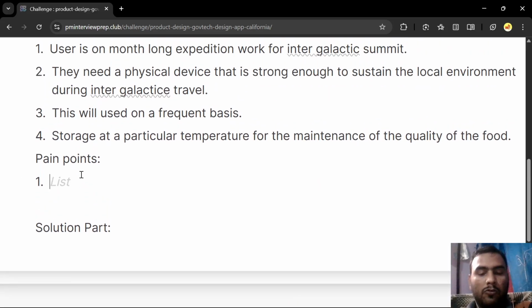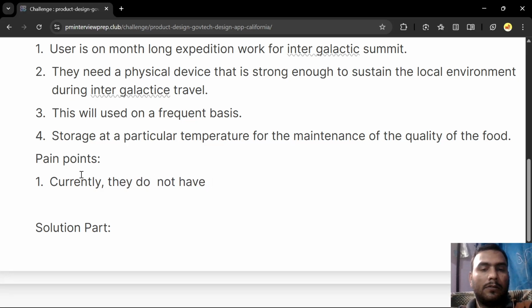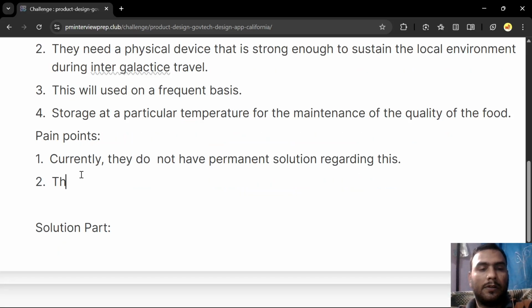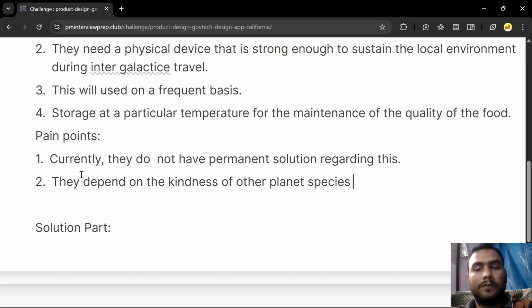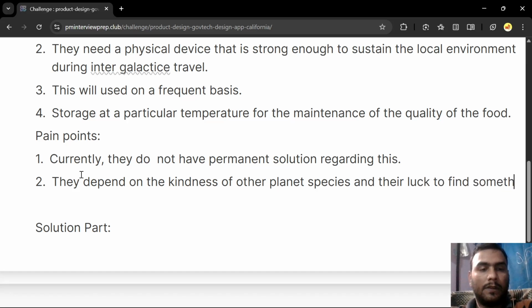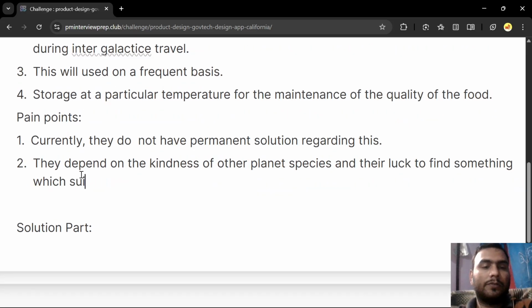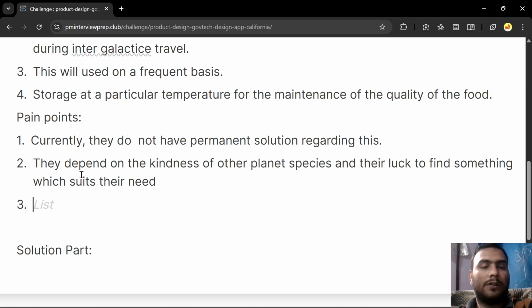So currently, I am assuming, they do not have any permanent solution regarding this. They depend on the kindness of other planet species and their luck to find something which suits their need.